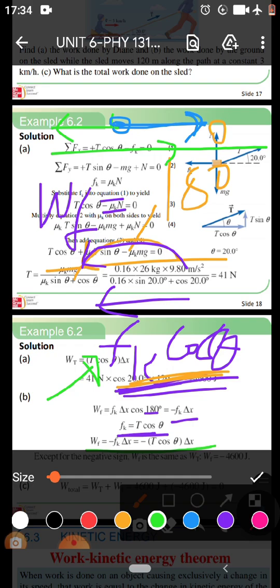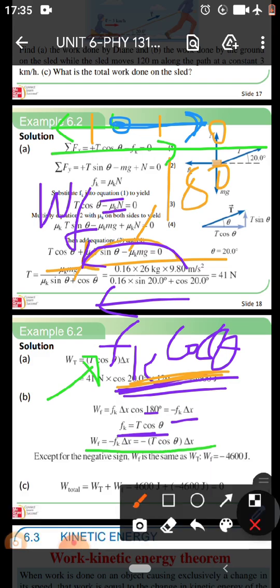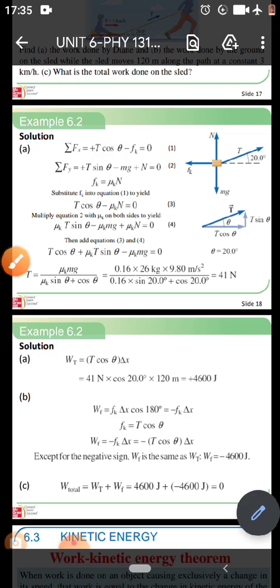So this is what it means, that they are the same, except for the direction, but don't always assume that. I'm not sure if that's always the case. I need to check it.